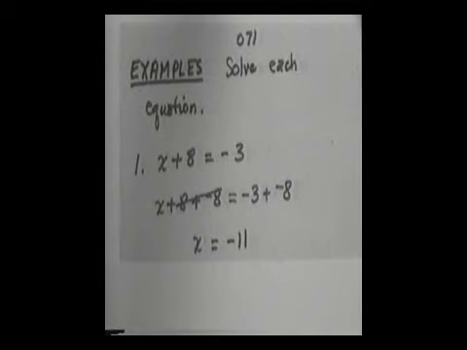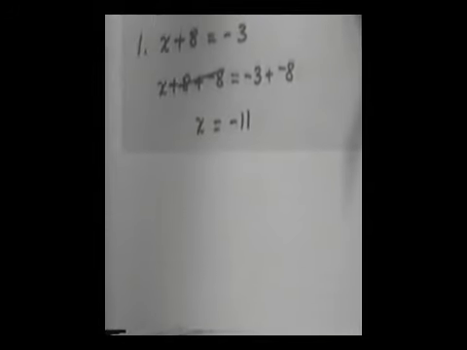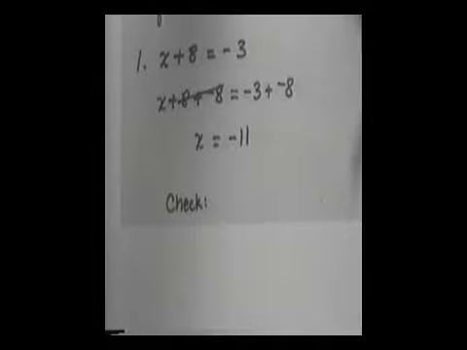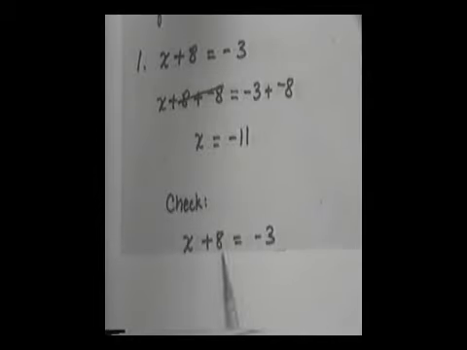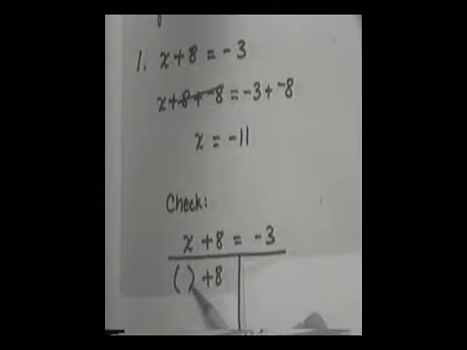How do we know whether we're right? Every equation can always be checked. Let's check this equation to find out whether it's correct. To check, we copy the equation x plus 8 equals negative 3. Make our T format for checking. In place of x, we'll write a set of parentheses to receive the number we're going to try.